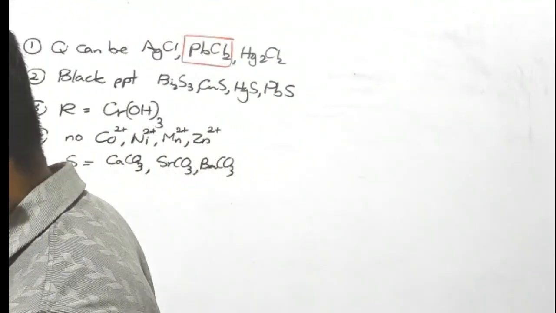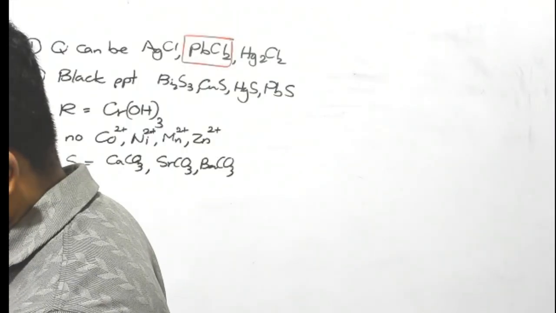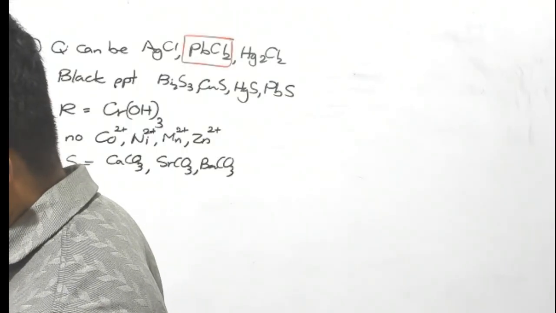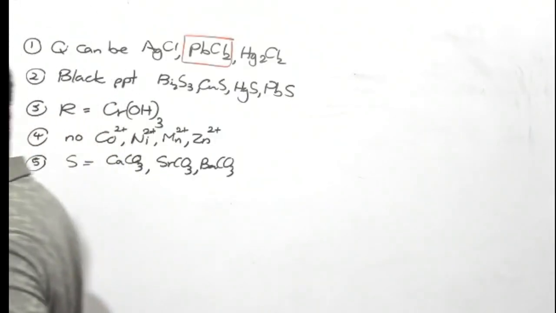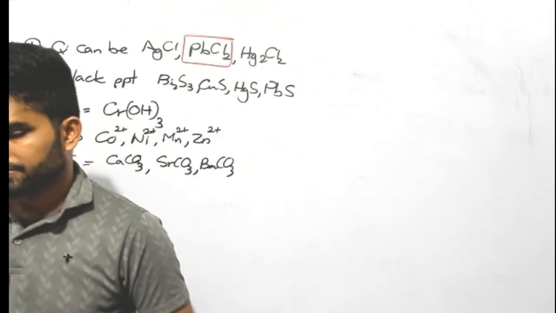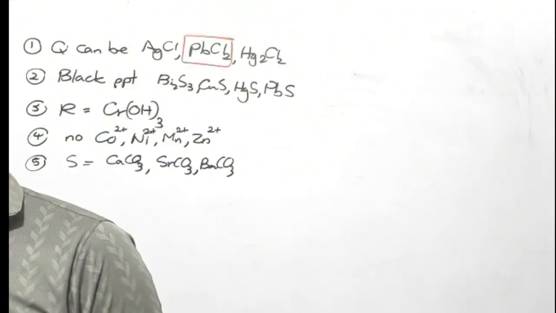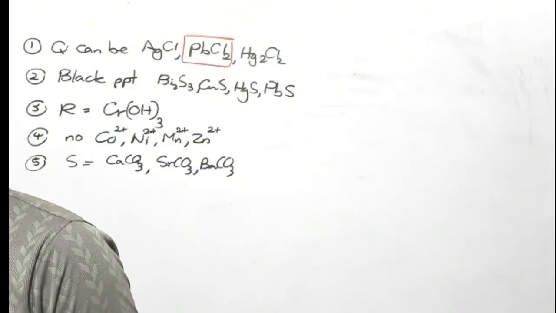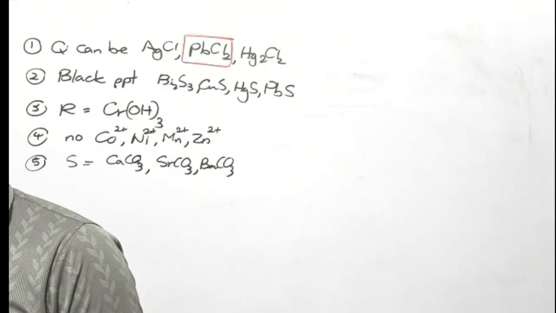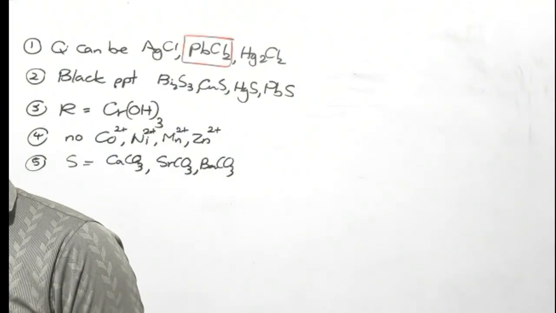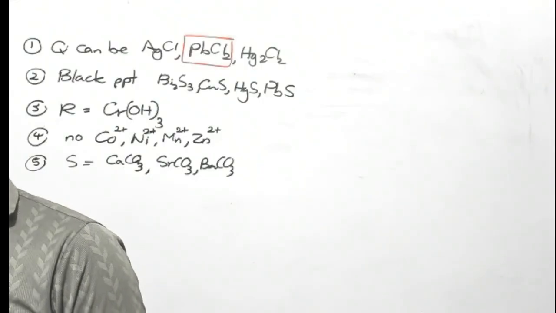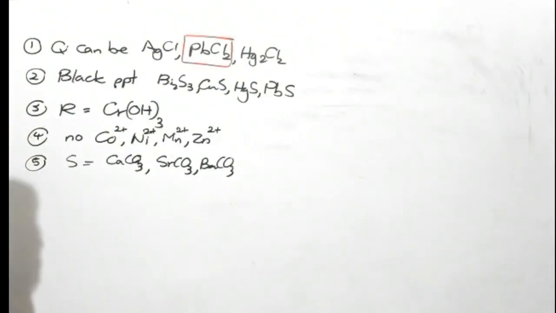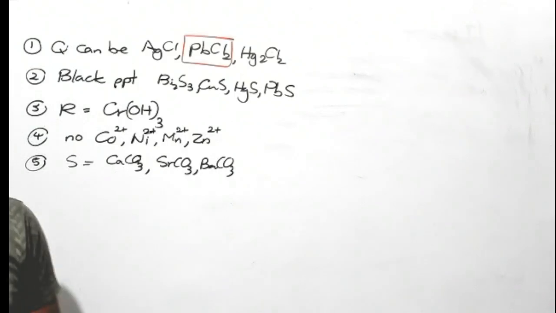Now earlier you got that one by adding ammonium chloride and ammonium hydroxide. So when you are adding aqueous NaOH, it dissolves and gives you a green color solution. And we can suspect that one to be, using the green color, chromium.